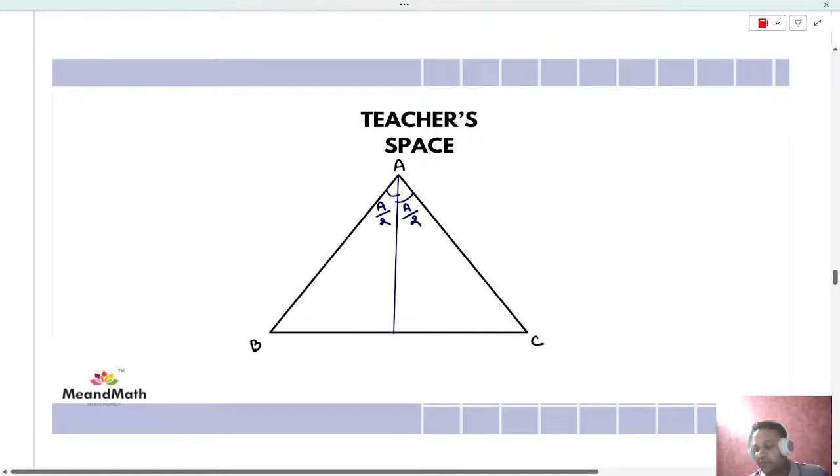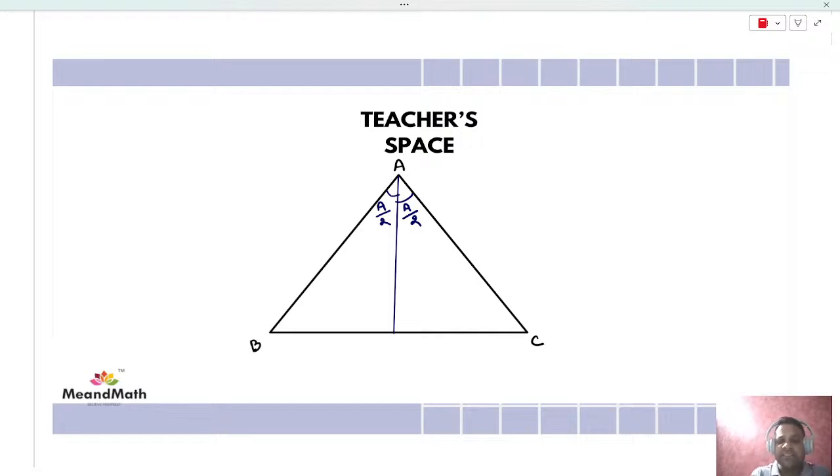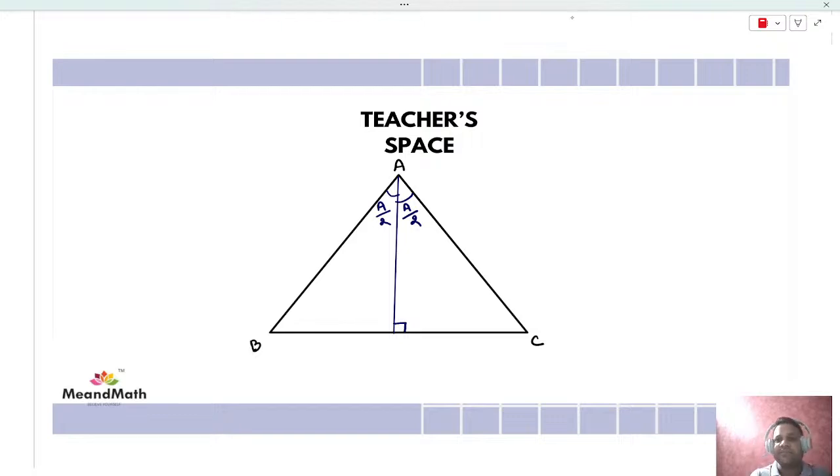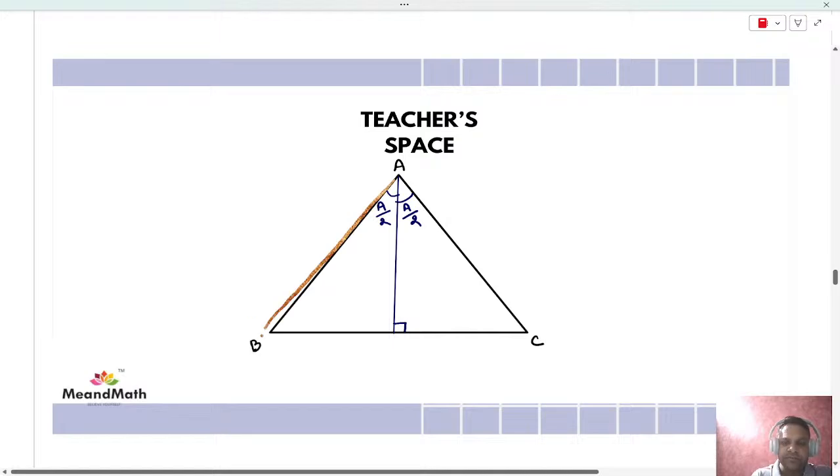Both angles are equal, and this is perpendicular to the other side, so this angle is 90 degrees. Now we have to tell that triangle ABC is what. Very simple, we can choose this triangle and this triangle.